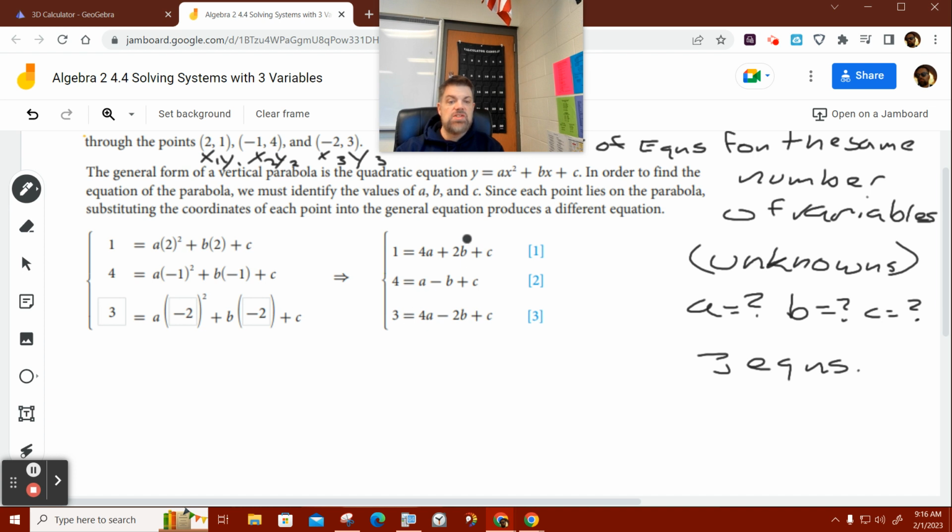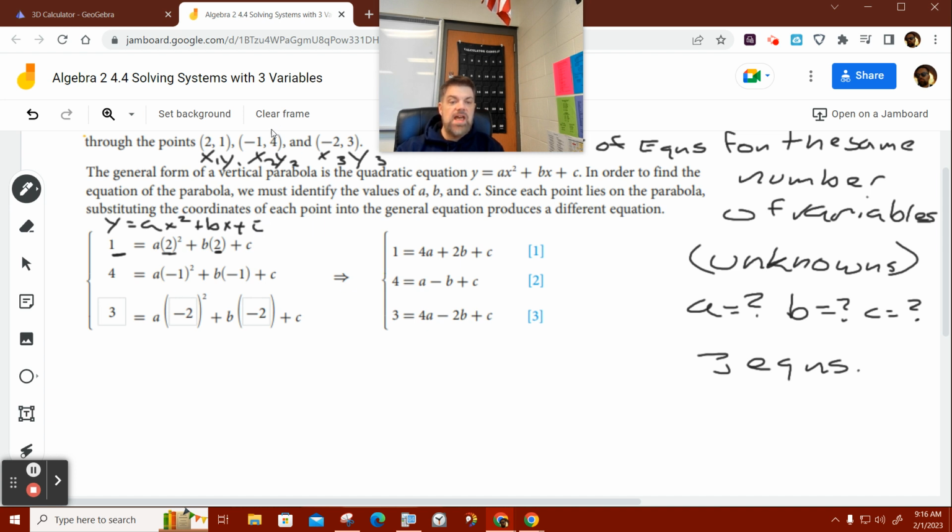I just need to know that when I plug these in, they match. On this first one, I plug in a 2 for x and a 1 for y, because these are going to be y equals a times x squared plus bx plus c.